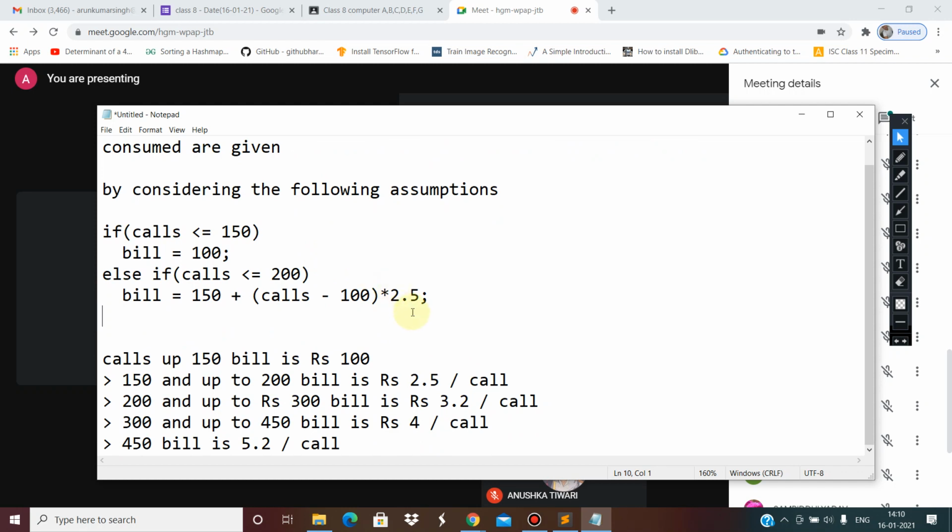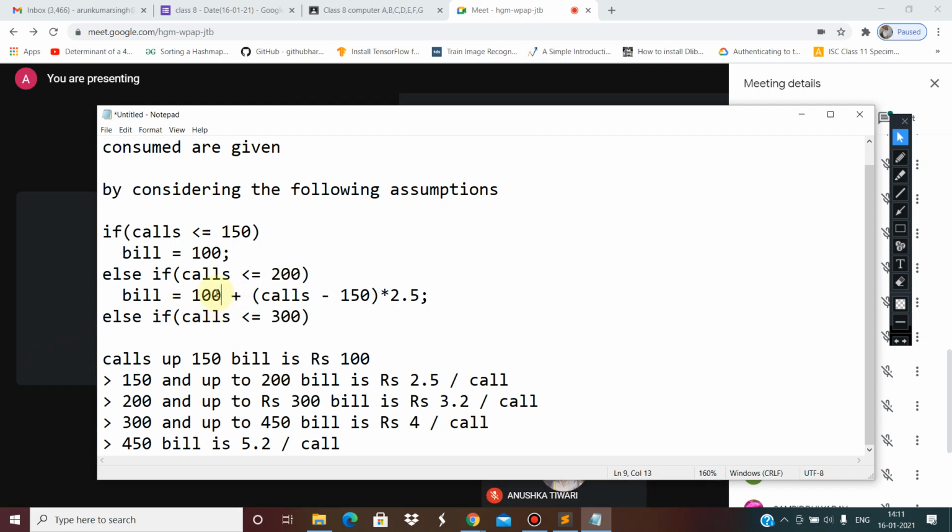Got it? Now the third one is else if calls are less than or equal to 250. Sir, the difference is 50, so we will subtract 100 or 50? Beta, sorry, we will subtract 150 here, because for the first 150 calls the bill is 100.